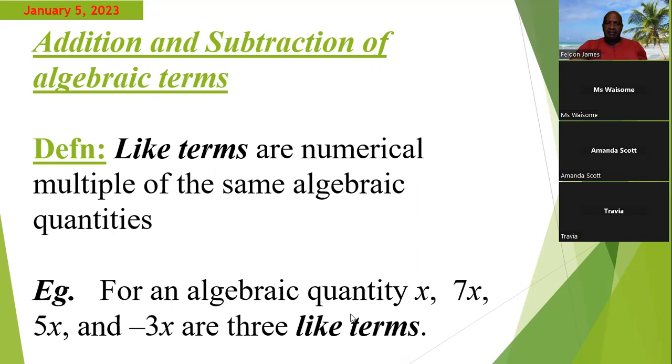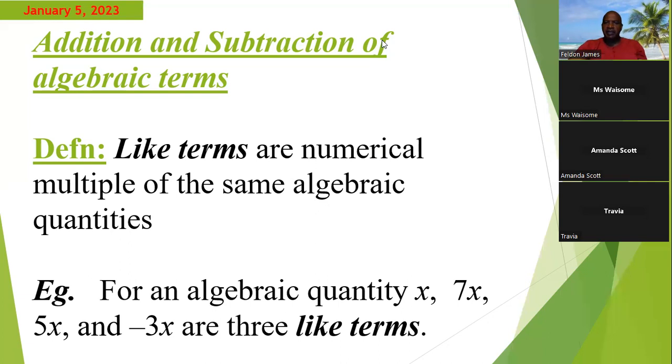So here, for instance, we have the term x. But here now we have 7 times x. Now 7 times x is a multiple of x. Here we have 5x. 5 times x is also a multiple of x. Then we have what? Minus 3x. So here we have a multiple of x. So we say that like terms are numerical multiples of the same algebraic quantity.